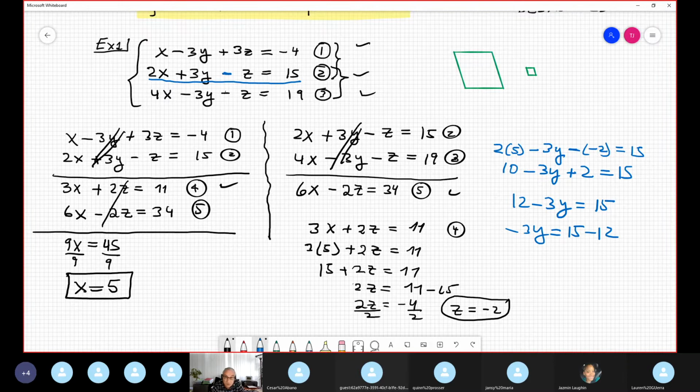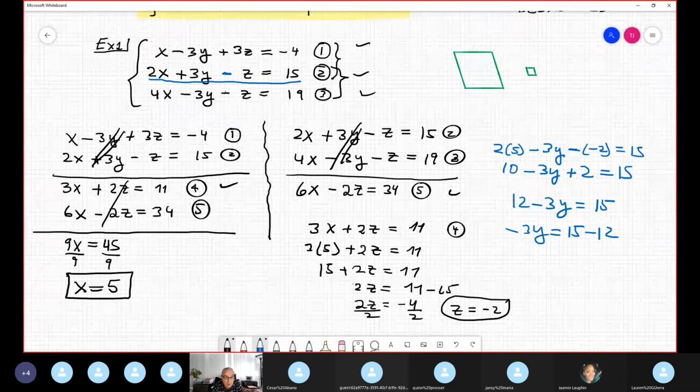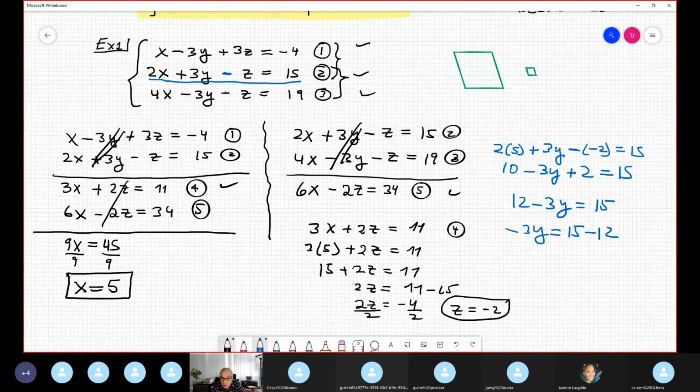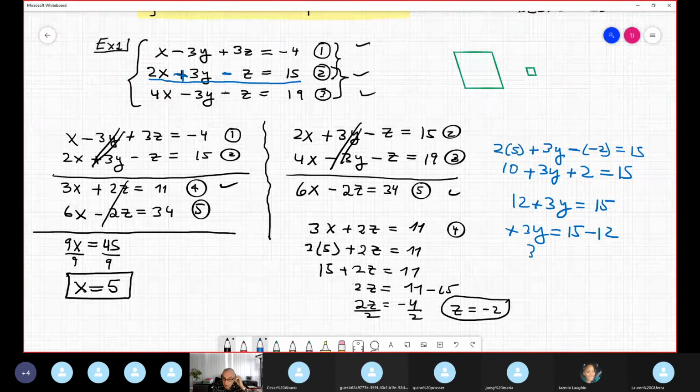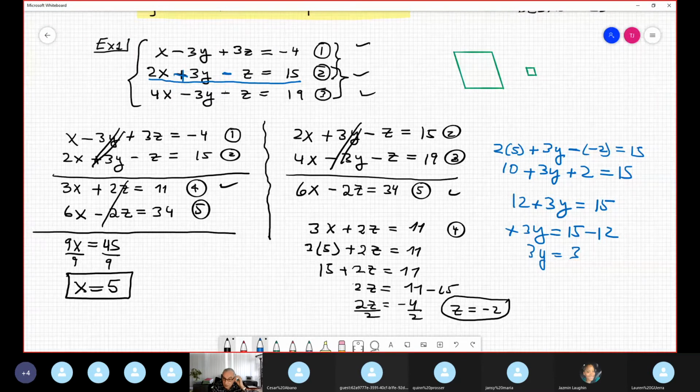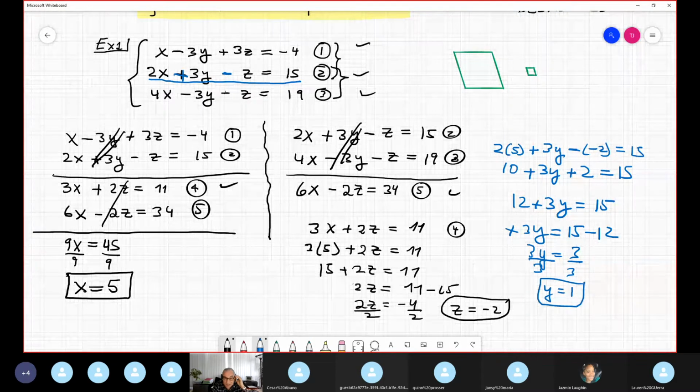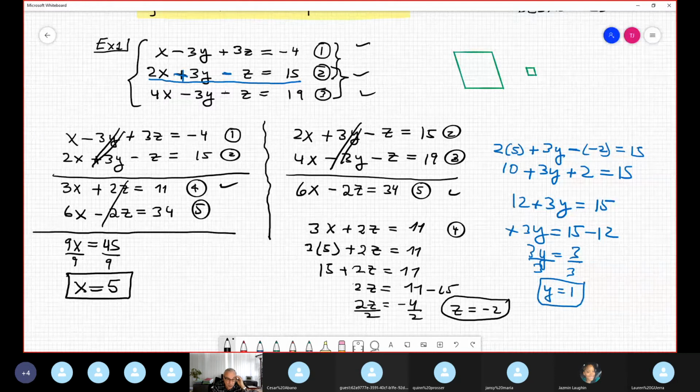No, this is plus. Sorry, I got it wrong. This is plus. Look, I take this equation. This plus is this plus. So 3y is equal to 3. Therefore, divided by 3 both sides, y is equal 1.